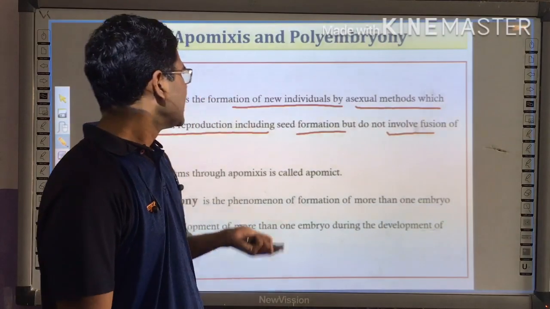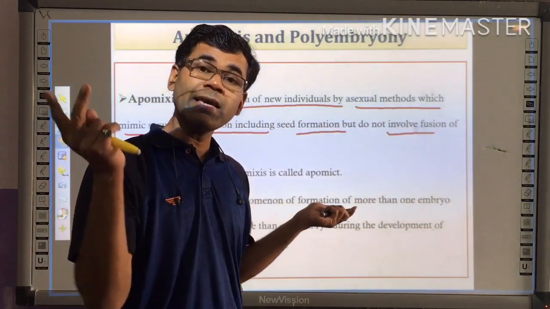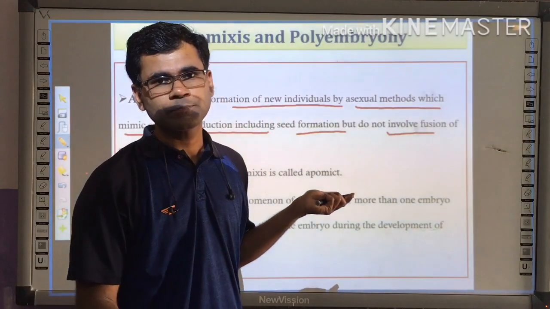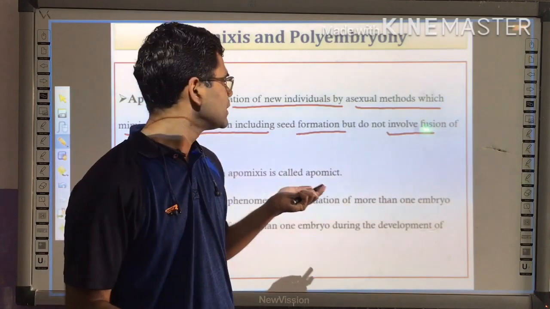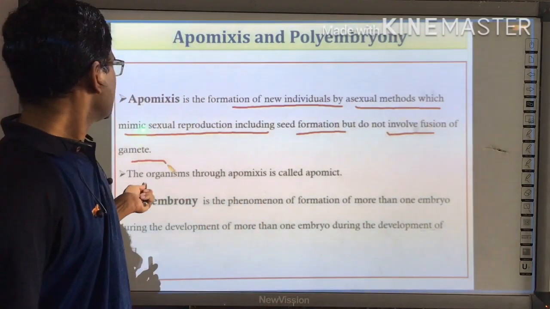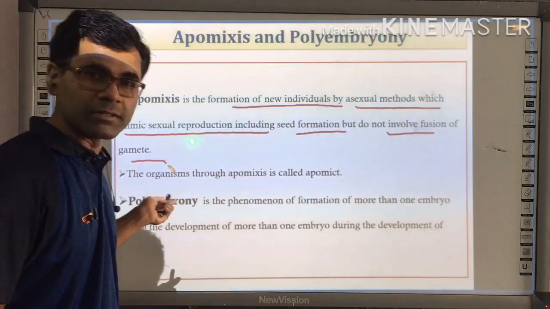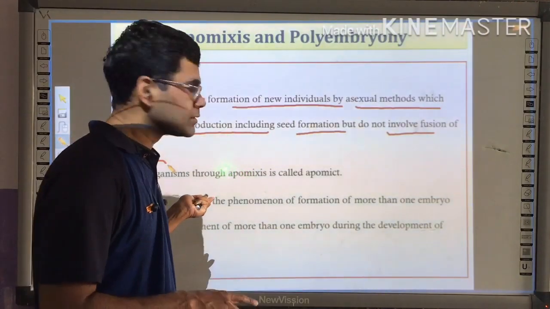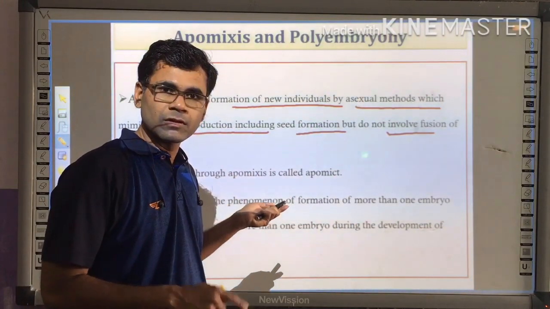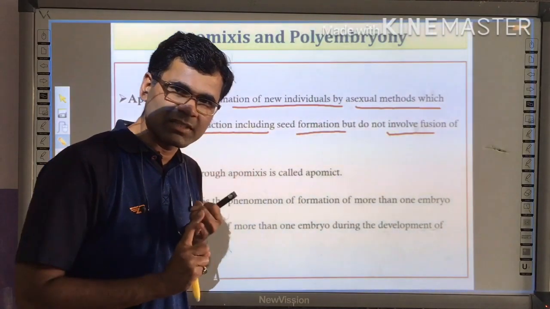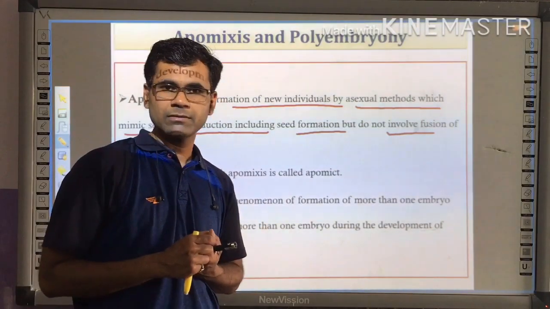Apomixis means the formation of a new individual by using an asexual method. But here the sexual reproduction is mimicked, which includes seed formation. Formation of seed takes place in this method, but it does not involve the fusion of gametes.